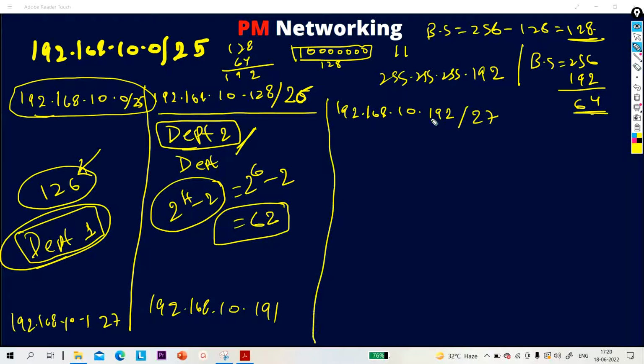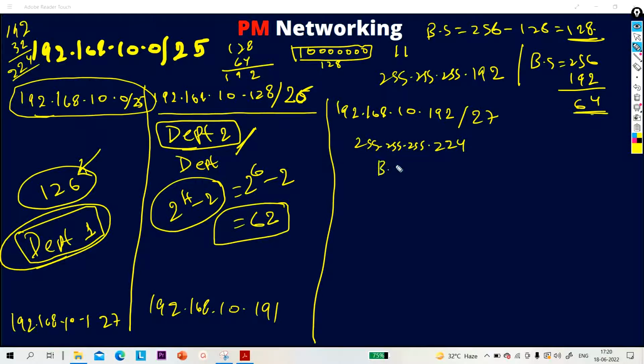Okay, so if the CIDR value is /27, then what will be the subnet mask? 255.255.255.192 plus 32. 192 plus 32 is 224. You will get 224. This one will become your subnet mask.